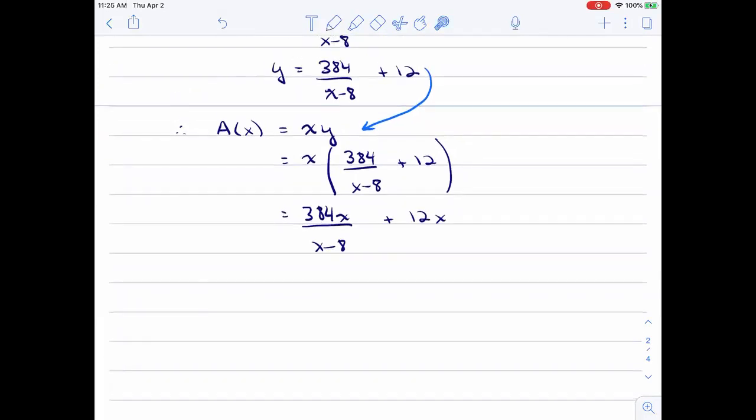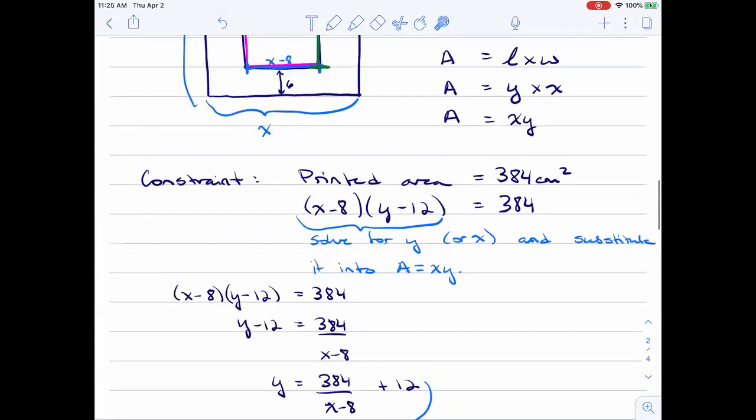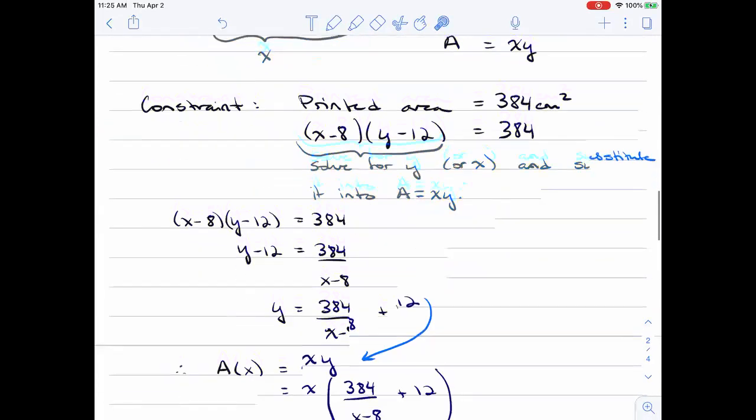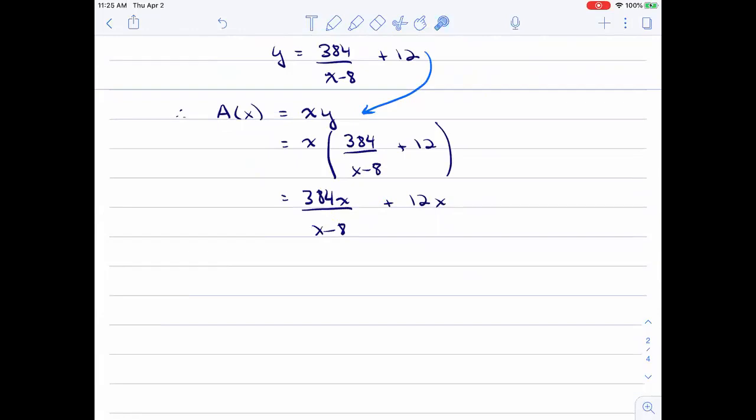I want to minimize this thing. Either way, whether you want to maximize it or minimize it, you're going to do the same thing. You're going to find the critical numbers and see where it's increasing and decreasing.